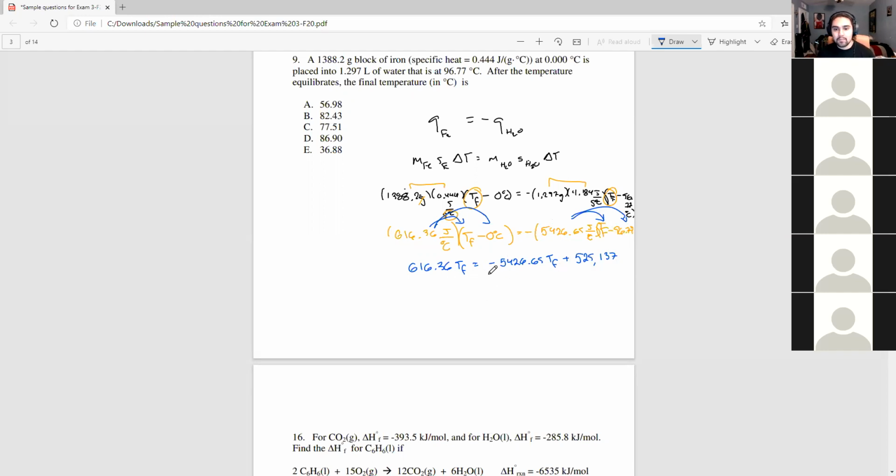You move the negative 5426.65 final temperature to the left. Okay, and then once I do that, what number do you guys get? 6,043. So 6043 TF equals 525,137. And then you divide 525,137 by that.